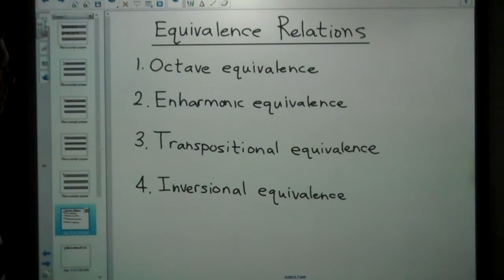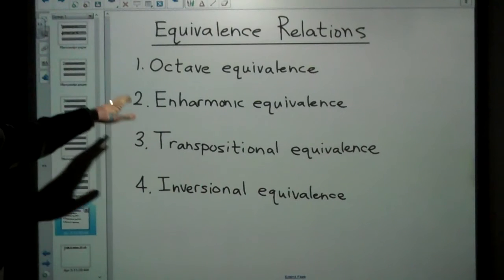Secondly, enharmonic equivalence. This tells us that, and again, we don't think about it very much, F sharp, for instance, is equivalent in sound to G flat, and A sharp is equivalent to B flat, etc. Enharmonic equivalence goes into harmonies and it goes into keys as well. So for instance, we know that an E major triad is enharmonic with and sounds identical to an F flat major triad.